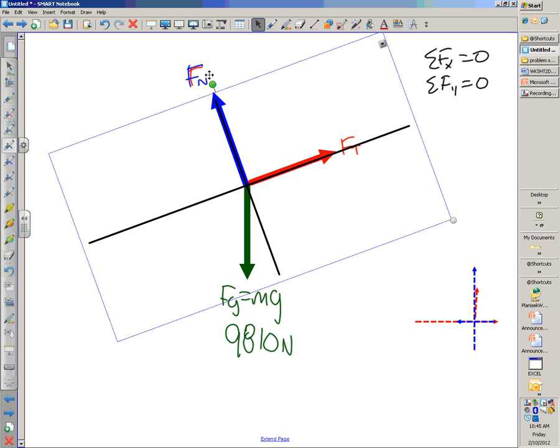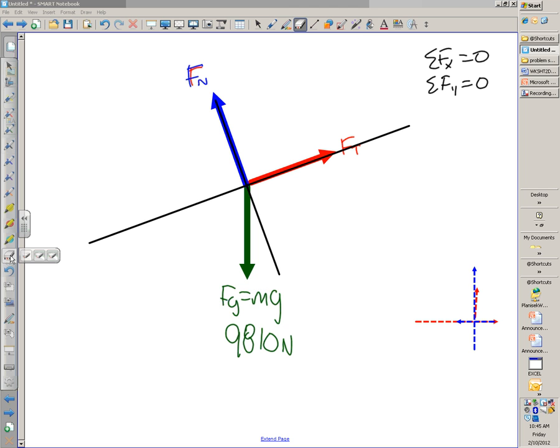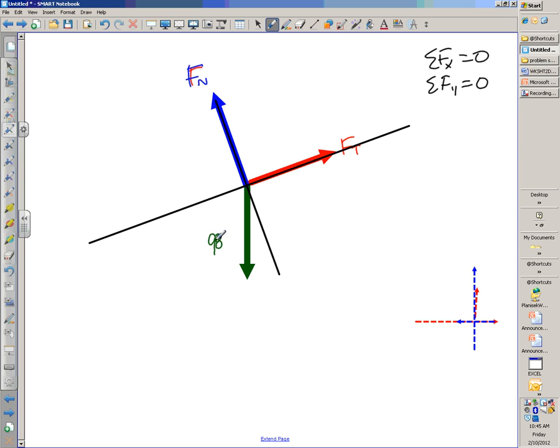So I'm going to get rid of this for a second, just because it's clouding up my picture. And I'm going to label this as 9810. Gravity does not lie on the x-axis or the y-axis, so that means it has components.